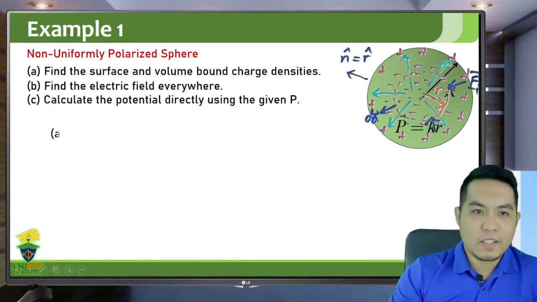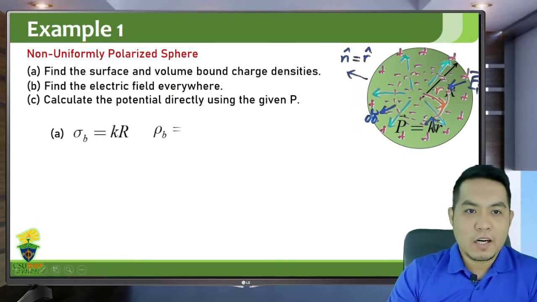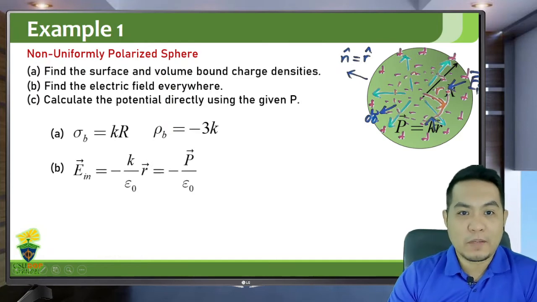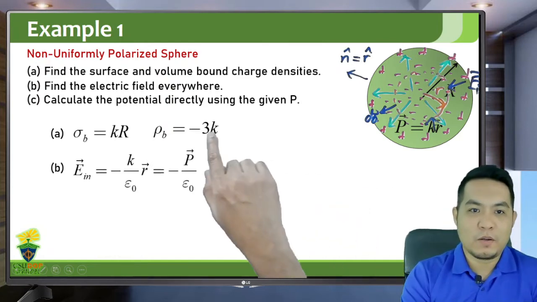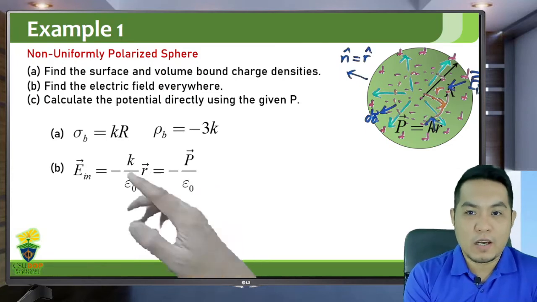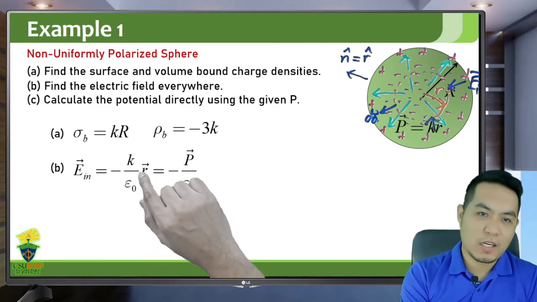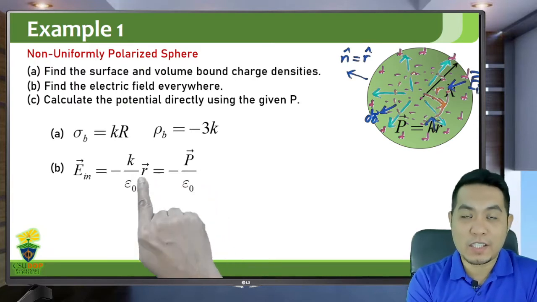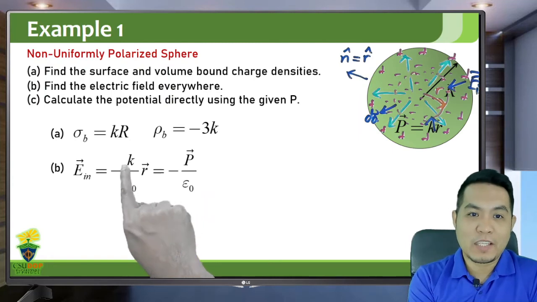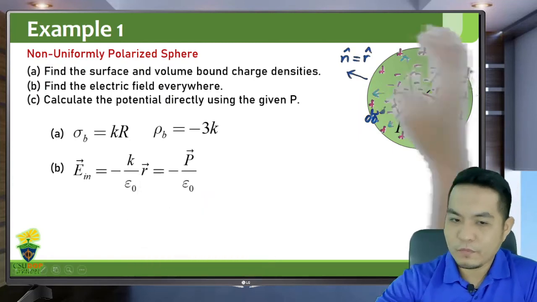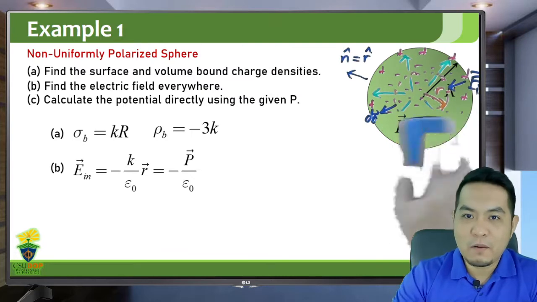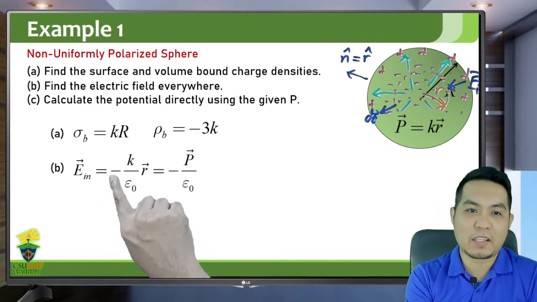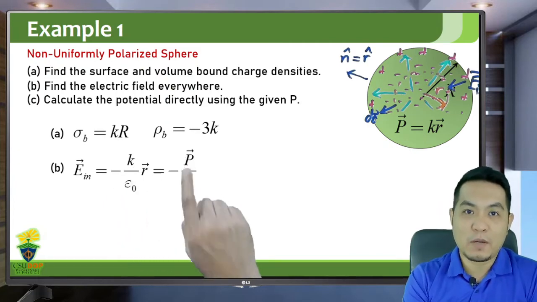So to summarize, for letter A, these are our results for the bound charges. For letter B, these are our results for the electric field inside. We actually wrote it in terms of k r hat, but r hat is just the r vector, and basically k times the r vector is our given P. So we can actually write the electric field inside as negative P over epsilon naught.